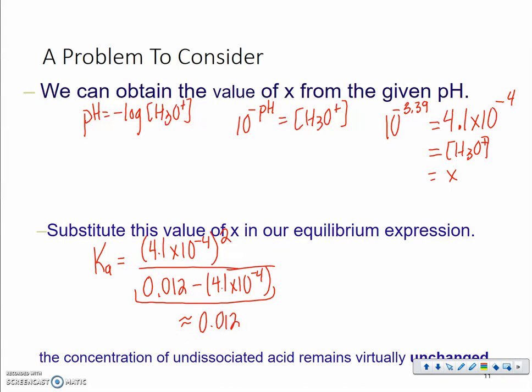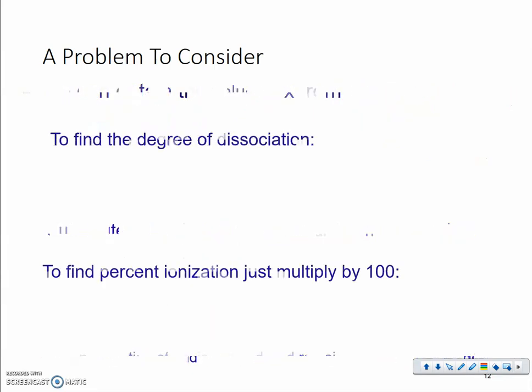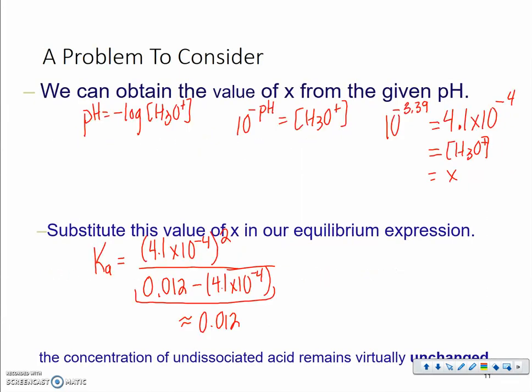How much it goes down isn't really affecting it. The amount of the undissociated amount basically remains unchanged. Now you could actually find that, but you don't have to because it pretty much doesn't change at all. Okay, so when we solve this for our Ka, we get a value of 1.4 times 10 to the negative fifth, which is our value for our nicotinic acid.